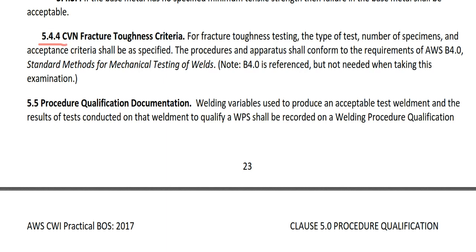5.4.4 CVN fracture toughness criteria. For fracture toughness testing, the type of test, number of specimens, and acceptance criteria shall be as specified. So in the WPS and PQR, the CVN Charpy V-notch fracture toughness testing type and number of specimens shall be specified in the PQR.